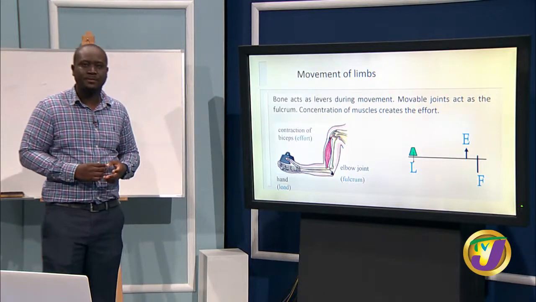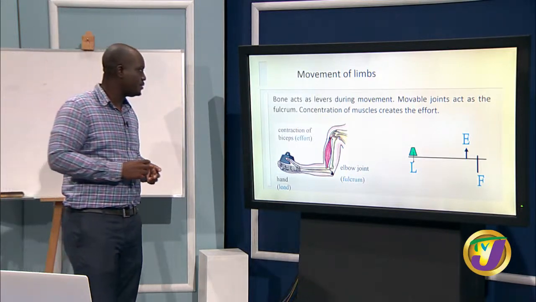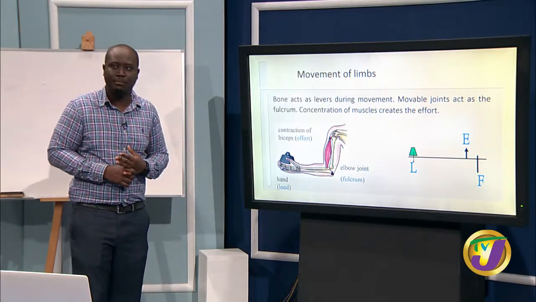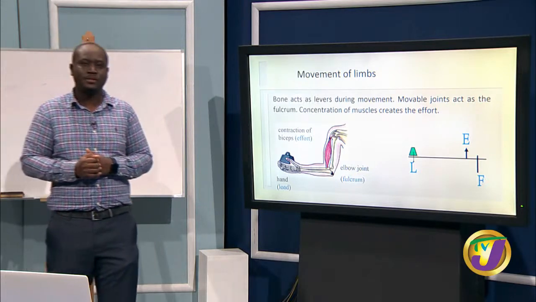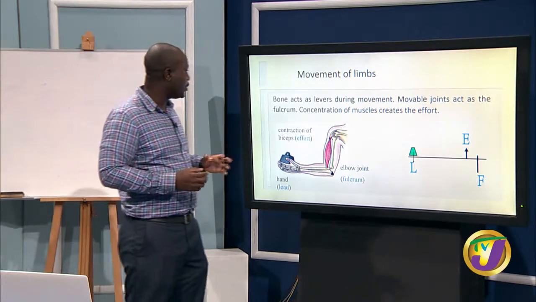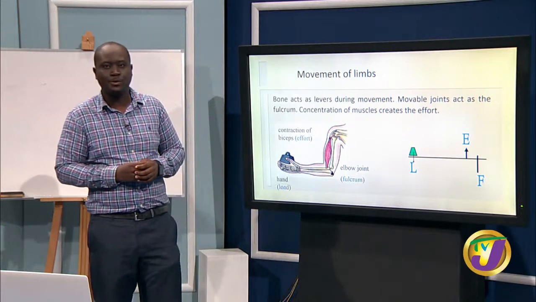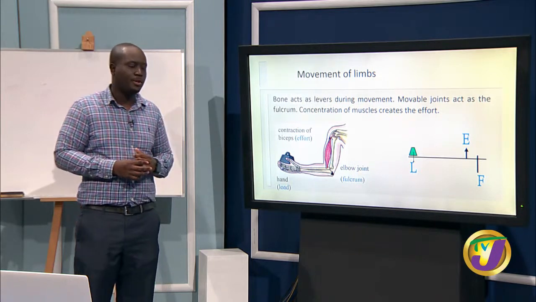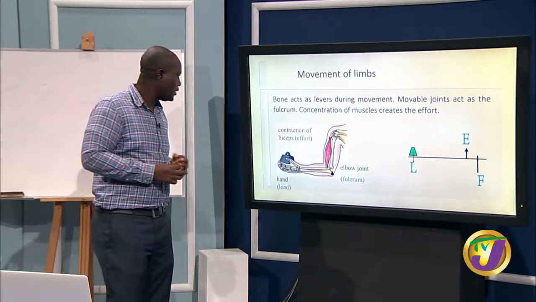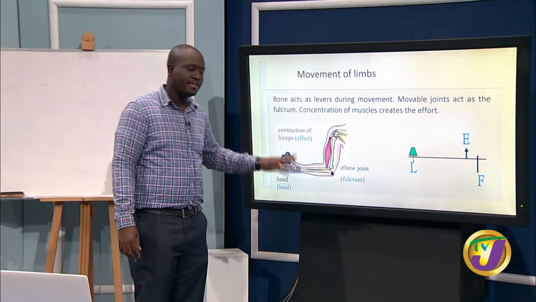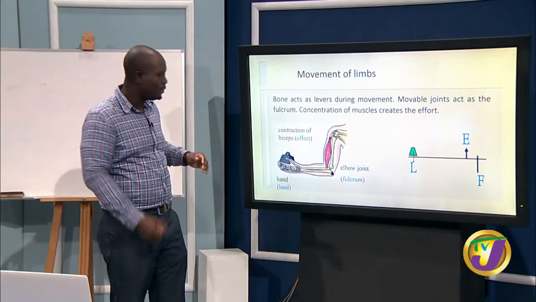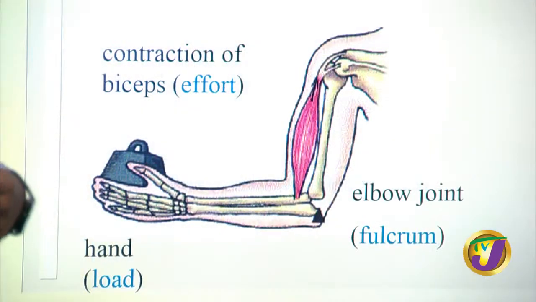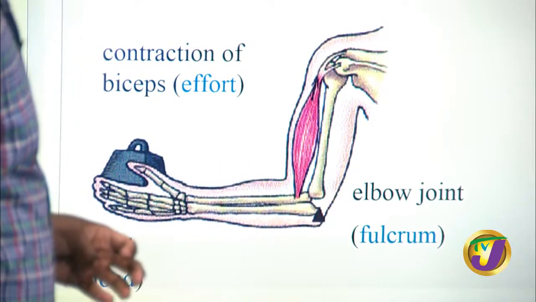Now the movement of limbs is important, and the movement of limbs is facilitated by joints and muscles. It takes two muscles to move a joint, because a muscle only produces force when contracted. When lengthened, no force is produced. For those of you who do physics, you know movement about a fulcrum. The joint is basically a fulcrum, and the muscle produces the effort for the movement about the fulcrum.